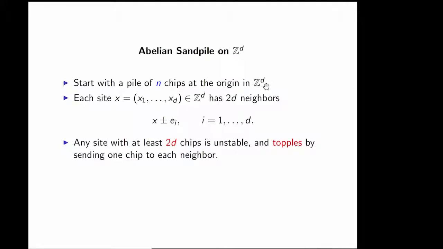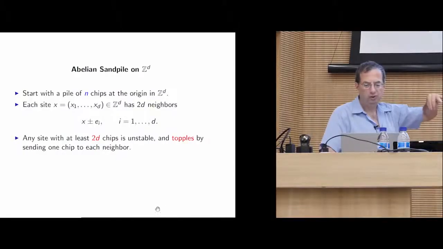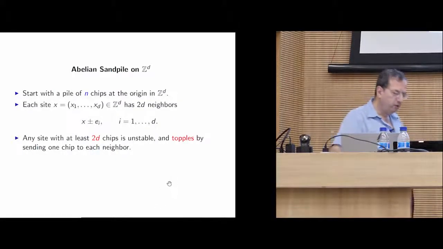So what is the model? Let's think of it in 2 dimensions, so think of d equals 2 here. Every location in the lattice has 4 neighbors. And we start with some configuration of chips, or later we're going to add more chips or particles at the center, as you saw in the picture. And the rule is whenever a location has 4 or more chips, they topple, and one goes to every neighbor.